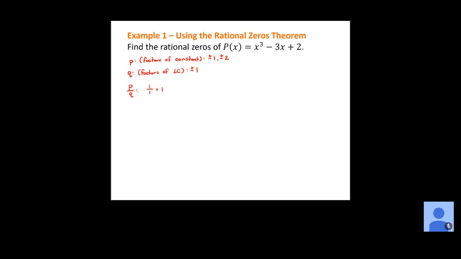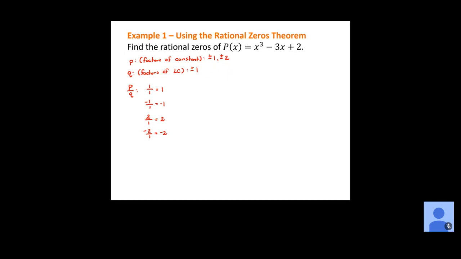So that's one of my P over Q values. I could also take the -1 and divide it by the +1. That's going to give us -1. And then I'm going to go to the +2. I could take the +2 and divide it by 1, and that's going to give us 2. I could also take the -2 and divide it by the 1, and that's going to give us -2.